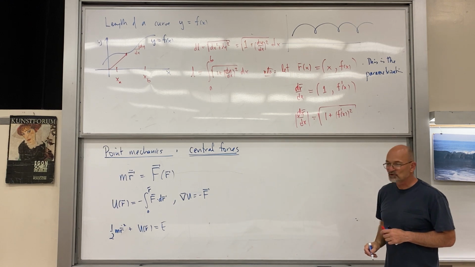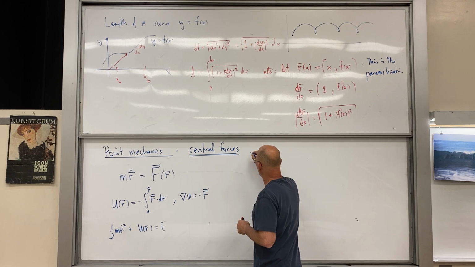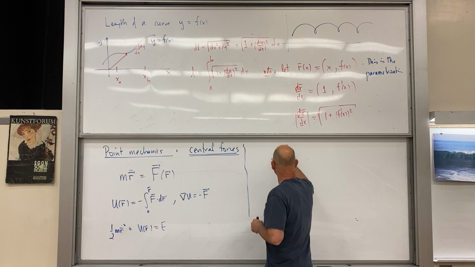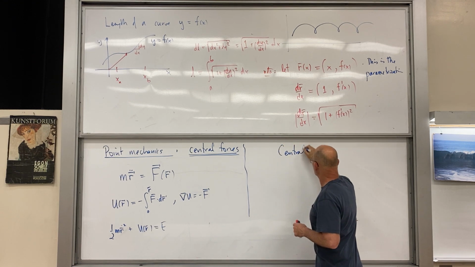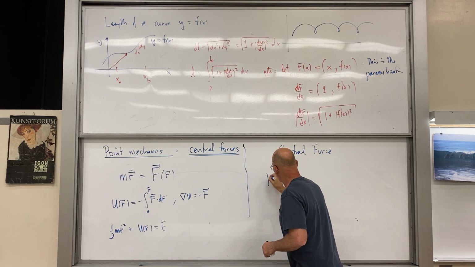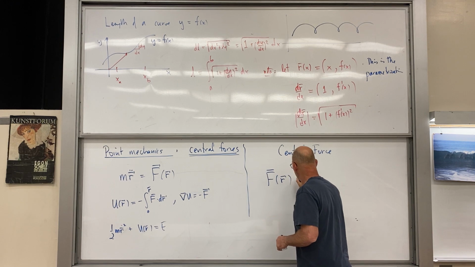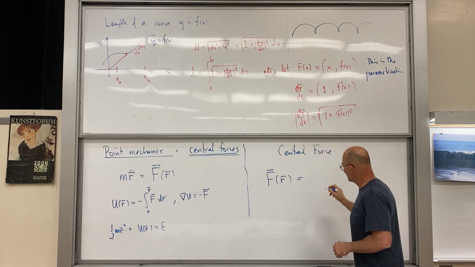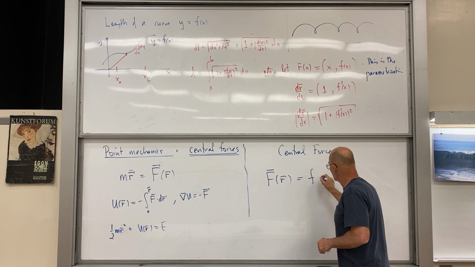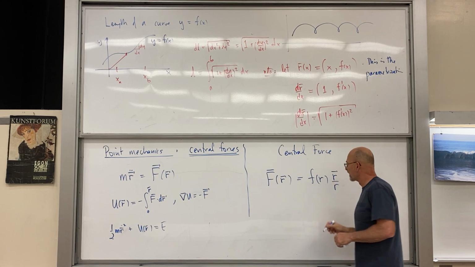So what is a central force? We have F of r equal to F of r times vector r divided by r.